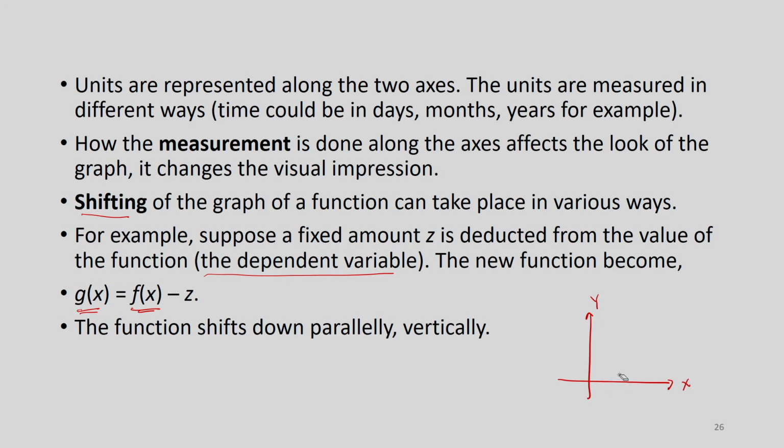So, here if you measure f first, suppose this is f x, then this line is, let us suppose, like this. Now, if you measure g, then it will shift parallelly below. Okay. So, along the y axis you are measuring two things, and this vertical gap is z. It is shifting down parallelly and vertically.